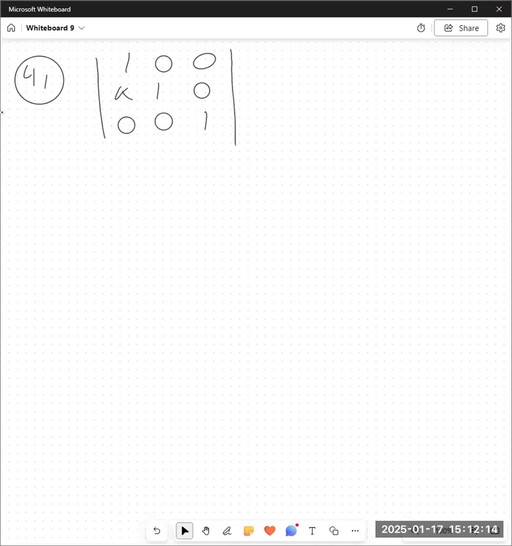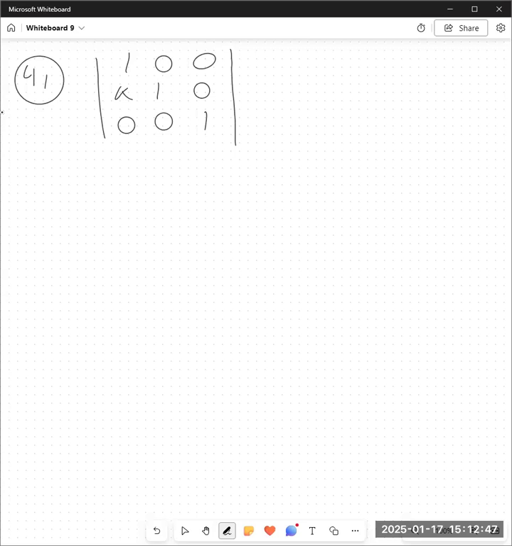So let's use minors and cofactors here and expand on row 3 would be my ideal choice, since it doesn't matter. Actually, let's use row 1, which just eliminates the need for the K, because the K is going to be there in 1. So I don't need to worry about K at all if I do that.